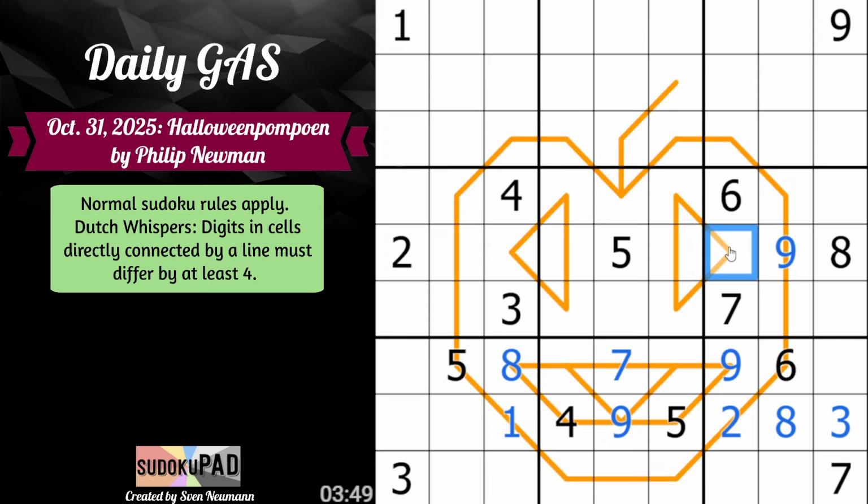So if this is low, could be 4, right, with 8, 9. But no, it definitely has to be low though, right? Trying to see how that helps us. Could this be 5? I don't see why not.